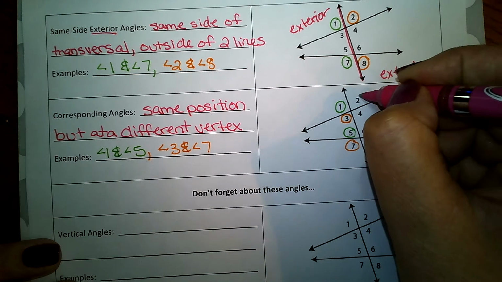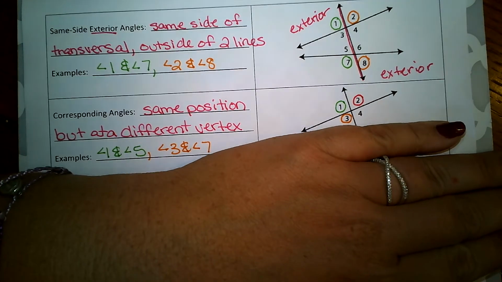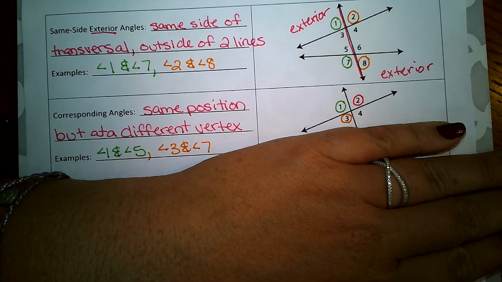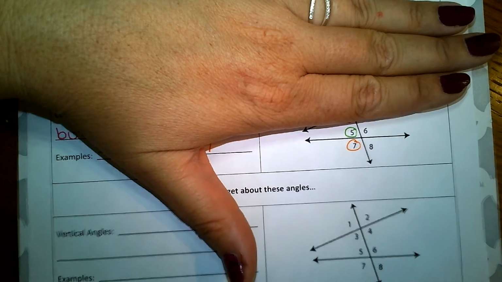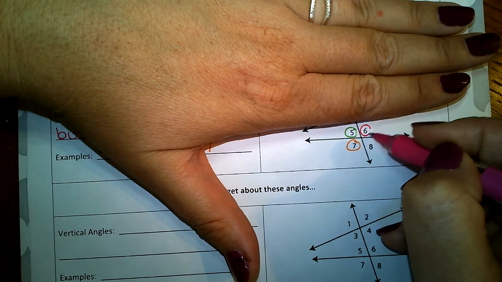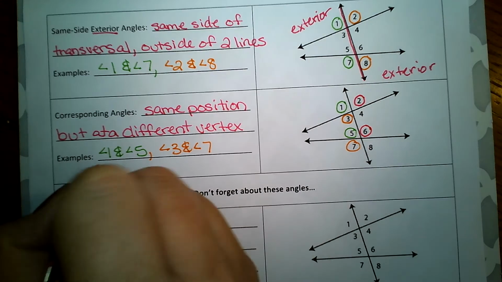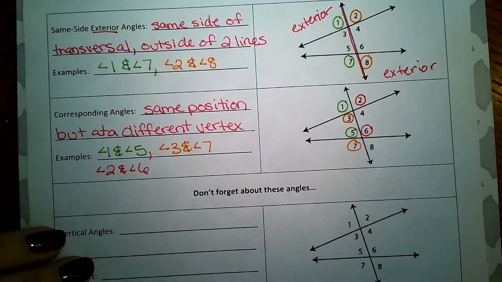Check out angle 2. I would consider angle 2 in the top right position of this intersection. So in the lower intersection, it would match up with angle 6, which is in the top right of its intersection. So angle 2 and angle 6 are a corresponding pair.